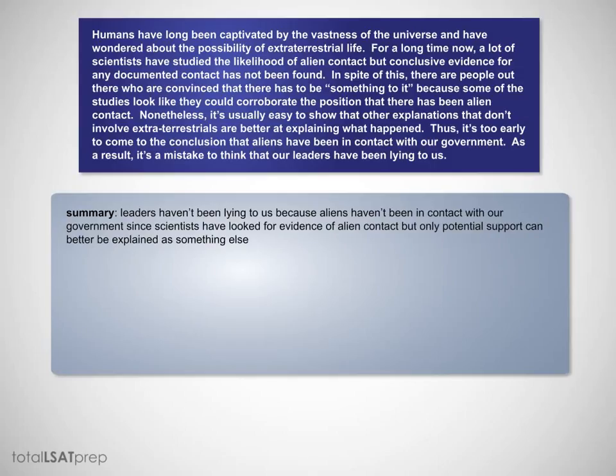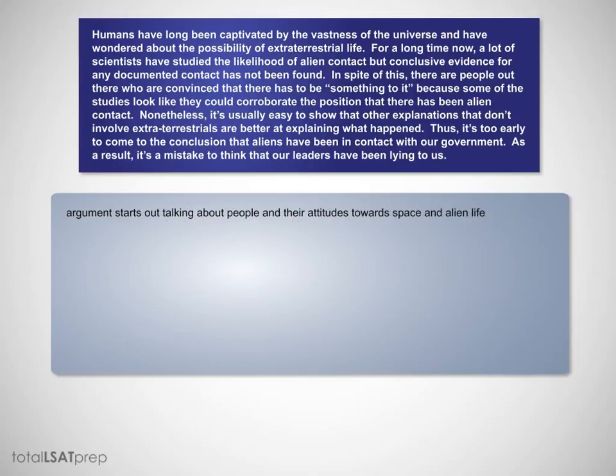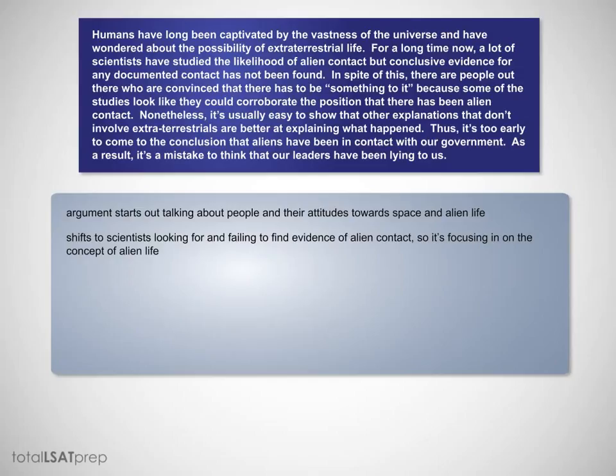So you see, if you go through the argument sentence by sentence, picking out the key concepts in each sentence and paying attention to their connections to what came previously, you can develop a good idea of what the argument is talking about and what the conclusion and support for that conclusion is. Here, the argument starts out talking about people and their attitudes towards space and alien life. It then shifts to scientists looking for and failing to find evidence of alien contact, so it's focusing in on the concept of alien life.